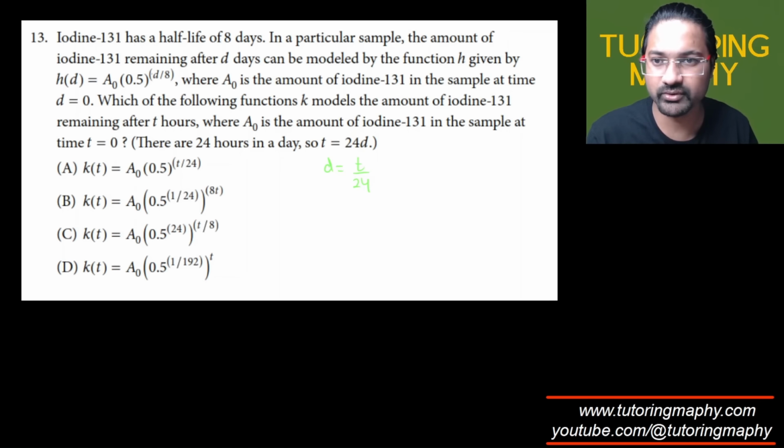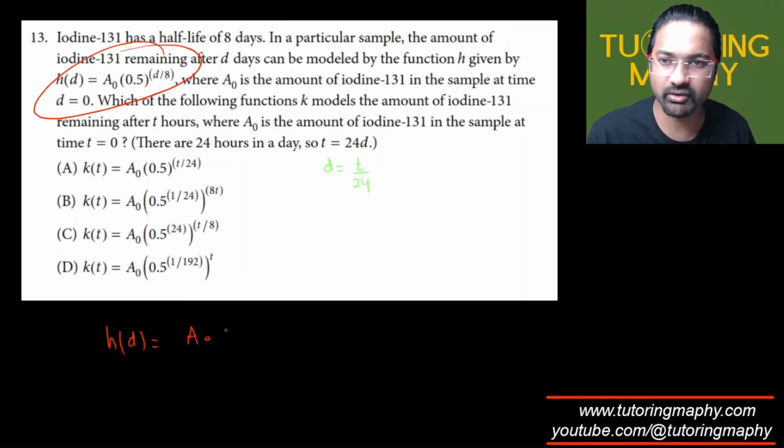So all we have to do is replace d with t over 24. So h of d is equal to A naught times 0.5 raised to d over 8. d over 8 can be written as 1 over 8 times d, and this d can be written as t over 24, right? What is 24 times 8?